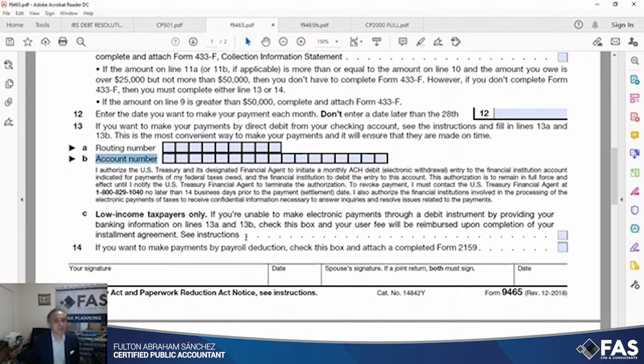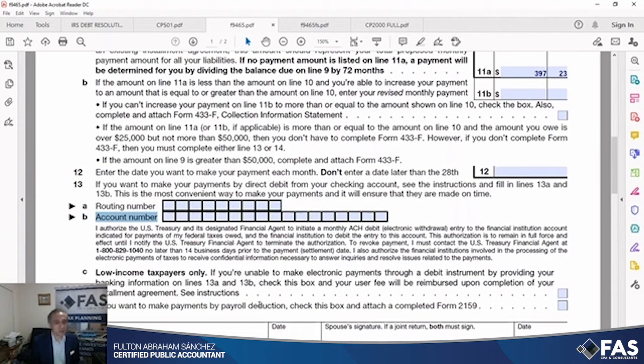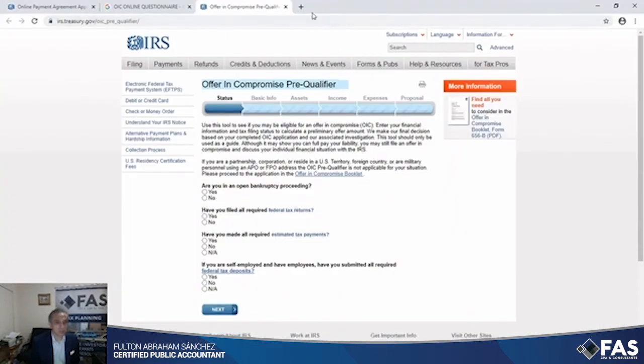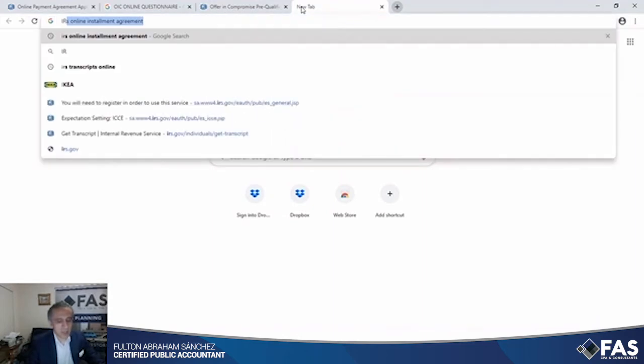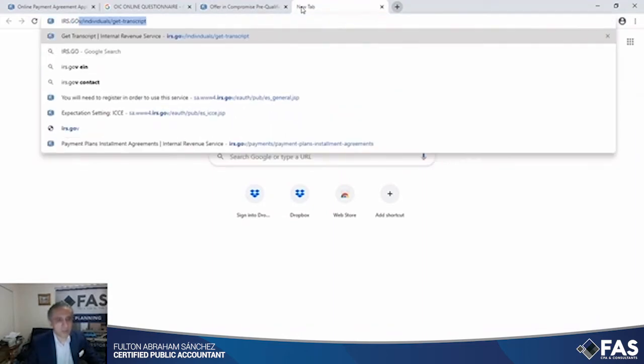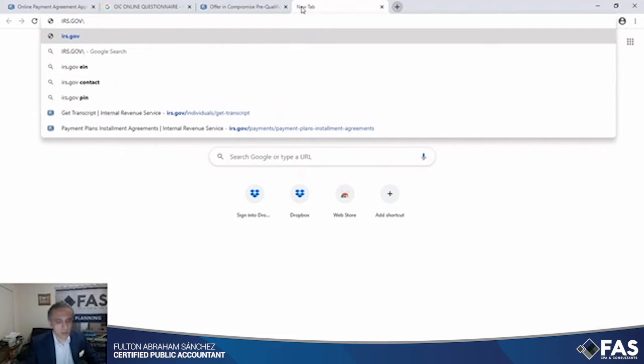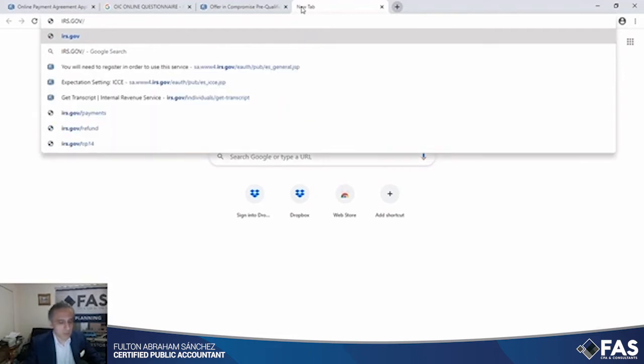When that happens, we suggest to our clients to do payments through the IRS website. And that is irs.gov/payments.